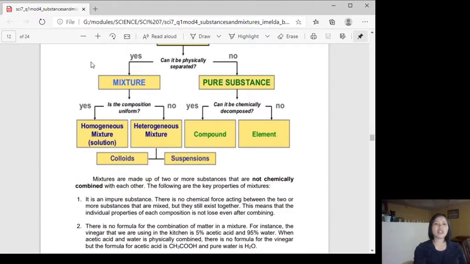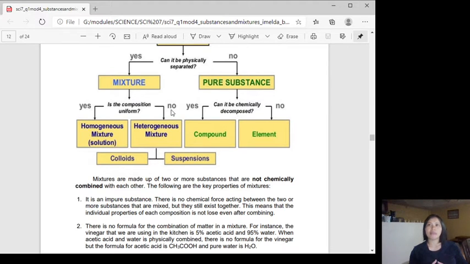Also, there is no chemical formula for the combination of matter in a mixture. For example, if you're going to mix acetic acid and water in order to form our vinegar, which is a mixture, there is no chemical formula. Unlike if you're going to mix an element plus an element in order to form a compound, okay?